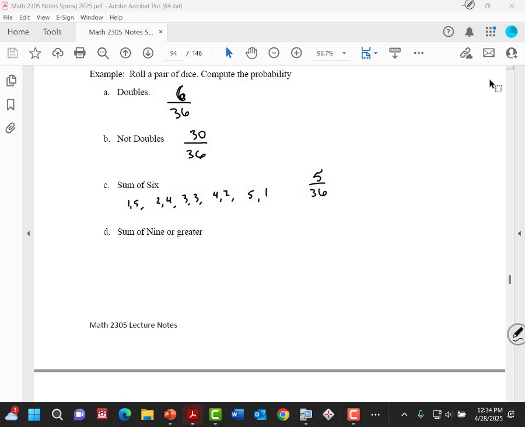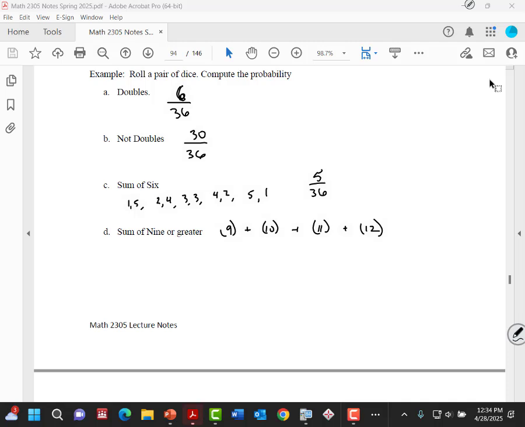Okay, a sum of 9 or greater. So 9 or greater would simply be a sum of 9 or a sum of 10 or a sum of 11 or a sum of 12, each of these right here. And so I would need to compute each of these sums individually and then add them up.